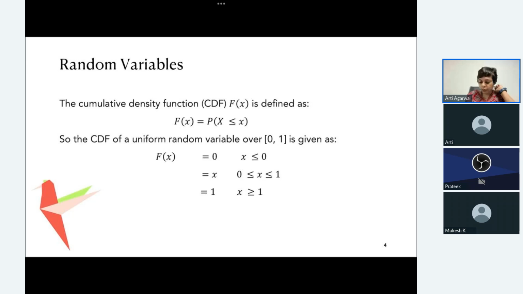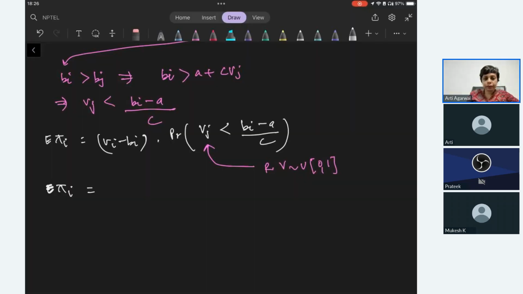So what we have written over here is nothing but the CDF, right? This expression, probability Vj less than Bi minus A by C, is the CDF. So the value of this is going to be nothing but the thing itself, because it's the uniform function. Let me write this separately.